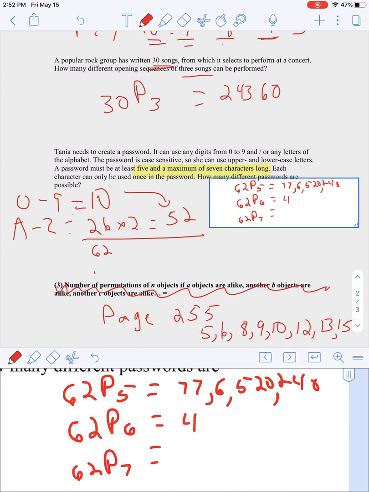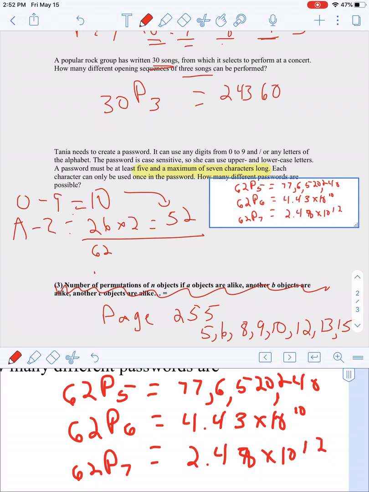This is now 4.43 times 10 to the 10. So these are getting big. And then you got 62p7, which would be 2.48 times 10 to the 12.